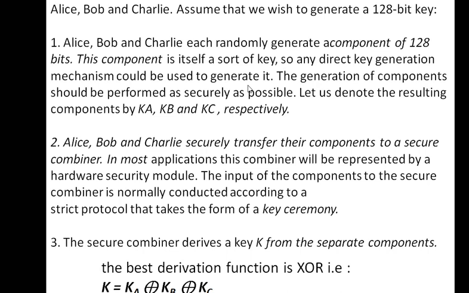The secure combiner derives a key K from the separate components using XOR. Key K is equal to KA XOR KB XOR KC. This is the derivation of K from Alice, Bob and Charlie's keys.